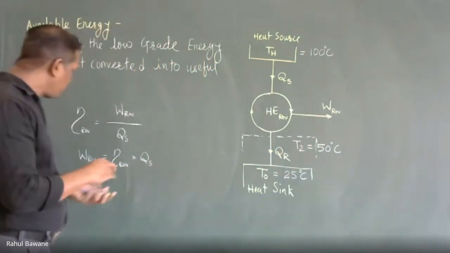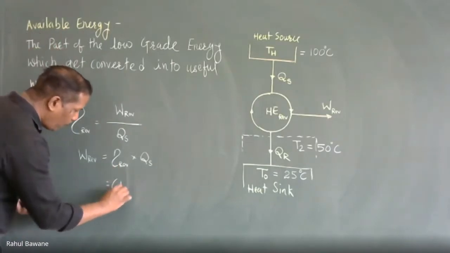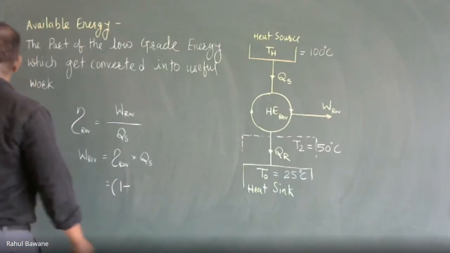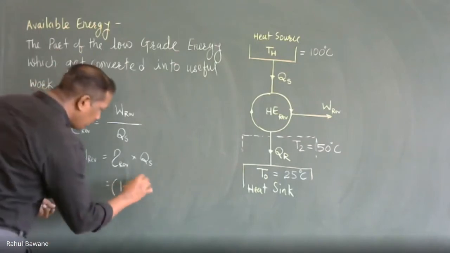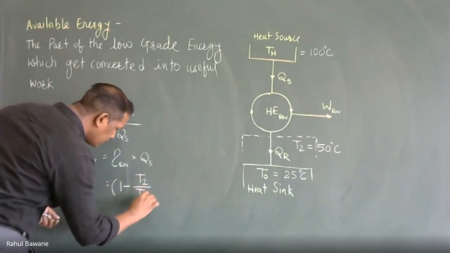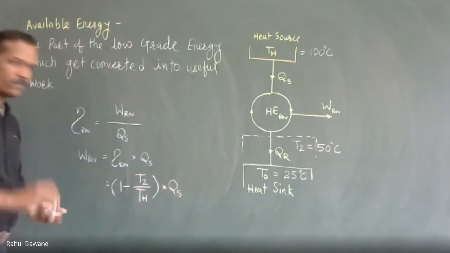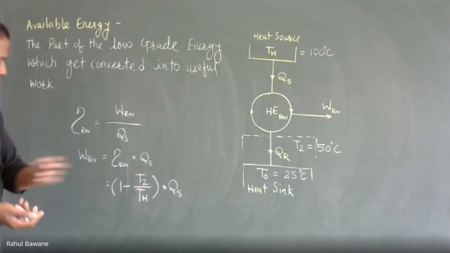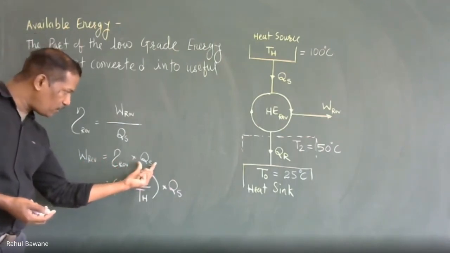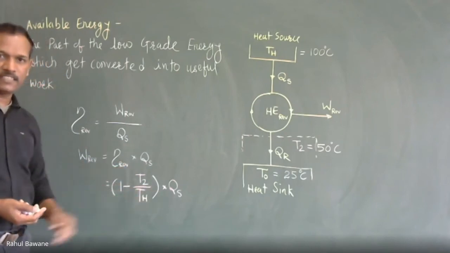So how am I going to calculate the efficiency? So the efficiency formula will be 1 minus T2 upon TH, multiplied by total heat supply. So if efficiency is 60%, that means 60% of QS is actually converted into work done, 40% is rejected.